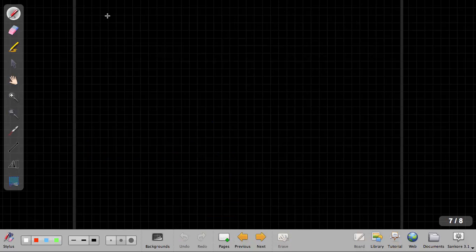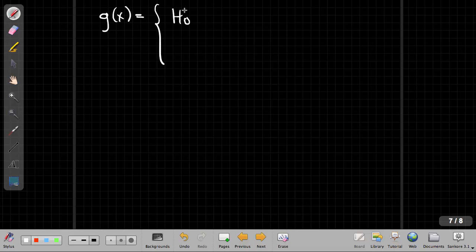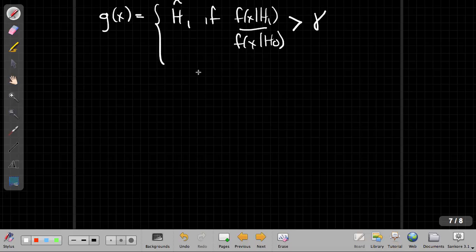Based on that, this says our decision rule g of x is equal to, we'll do H1 if the likelihood ratio is greater than some threshold, say gamma.